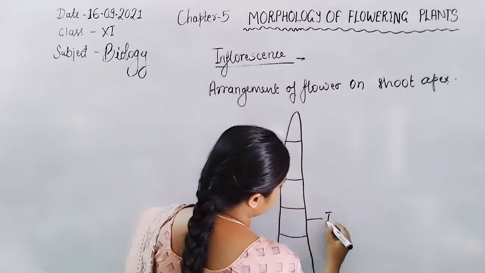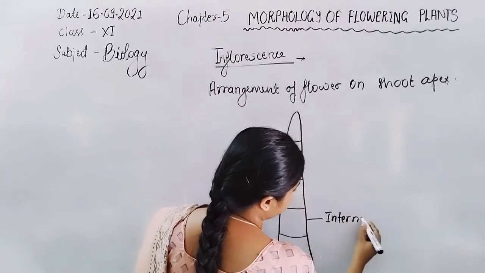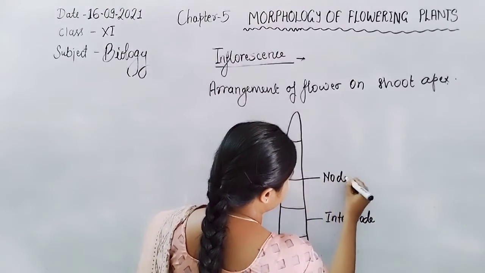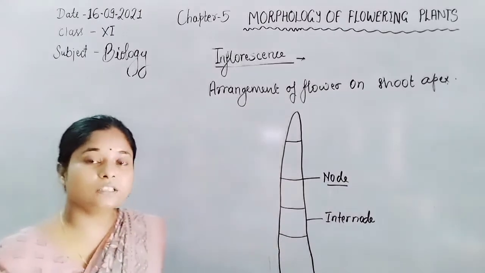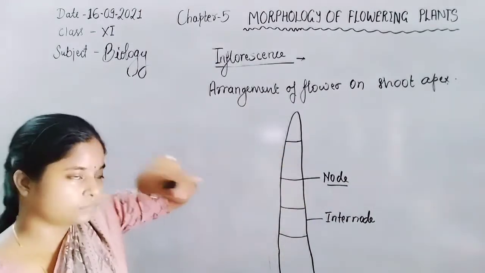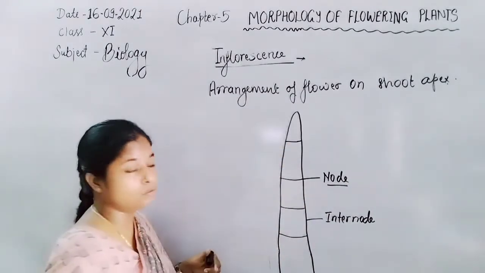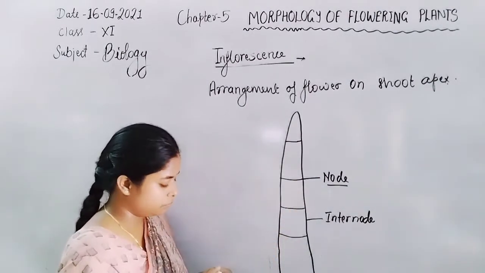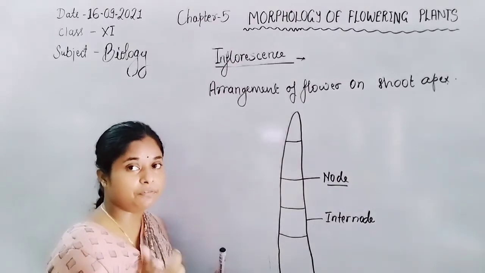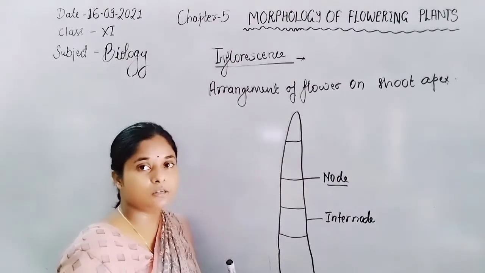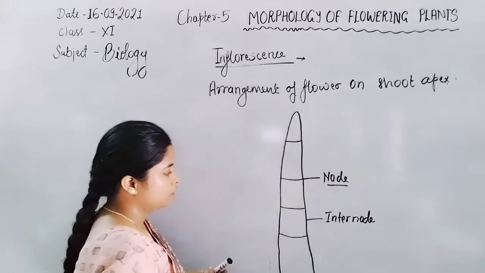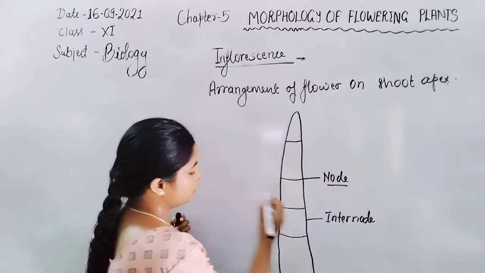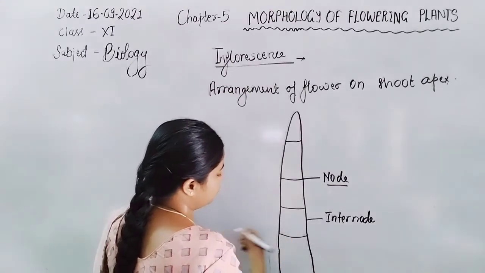So here is internode, this one is node, internode and node. Now during the conversion of shoot into the flower, or shoot apical meristem into the flower meristem, from each node a flower part arises for the formation of flower.